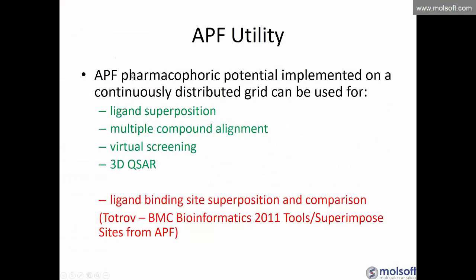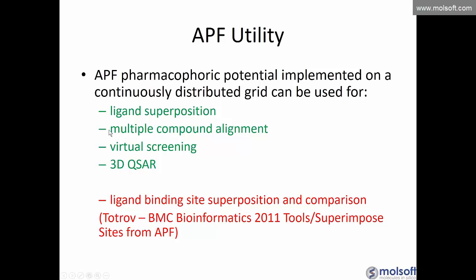So once you've generated the fields, what can you do with them? The APF pharmacophoric potential is implemented on a continuously distributed grid and can be used for ligand superposition. So you could take a ligand from the crystal structure in an energetically favorable pose and then superimpose other chemicals on top.